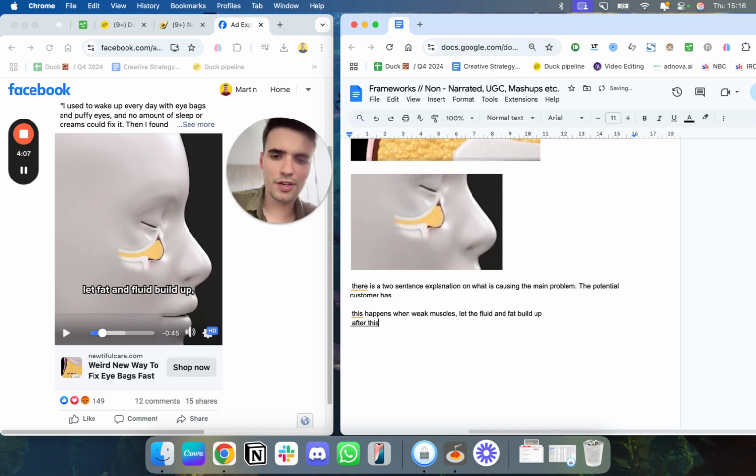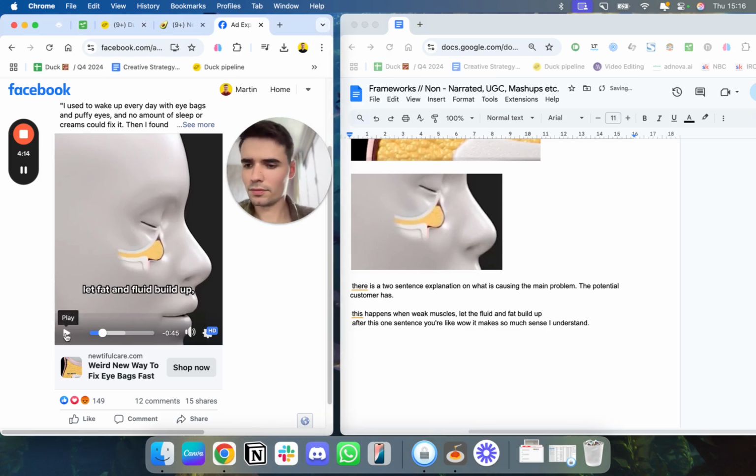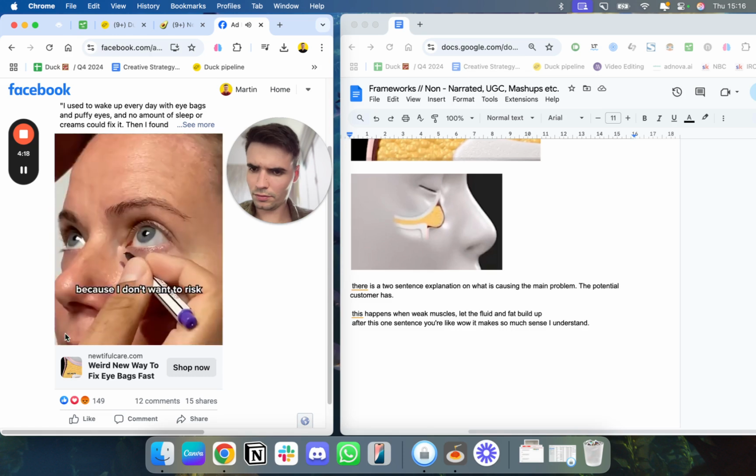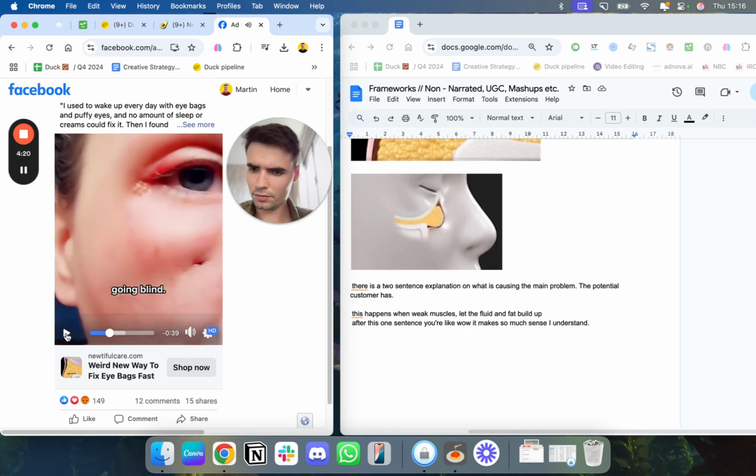After this one sentence, you're like, wow, it makes so much sense. I understand. I told her I don't want surgery because I don't want to risk going blind.